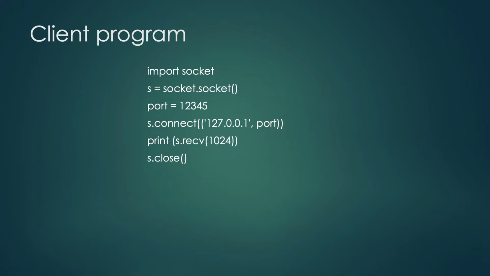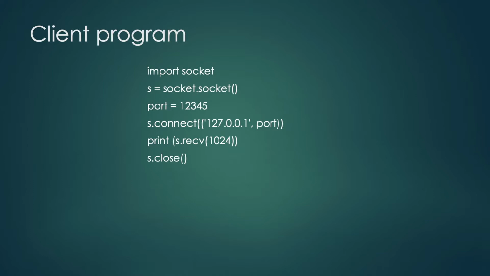Then the client program has to execute a method called connect by specifying the corresponding host name and port. According to this example, the local host itself is act as the host. Therefore, I will give the value as the loopback address 127.0.0.1 and the specified port number is 12345.